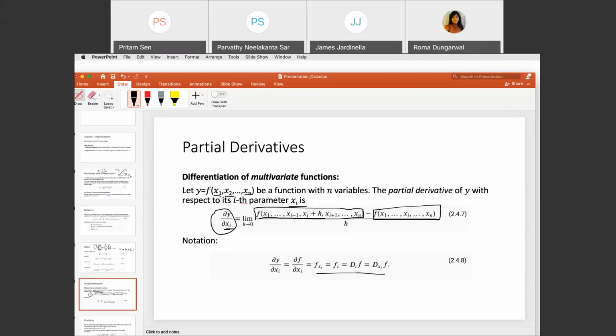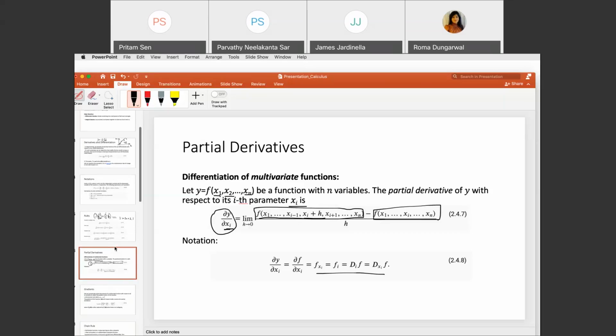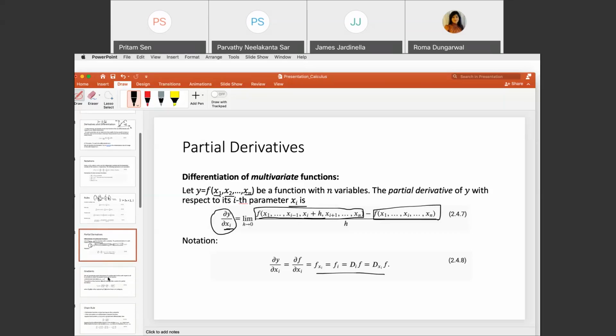That's why many notations are shown here. So this is partial derivatives, and there are many parameters here. So we may want to check the definition for each parameter. For example, we can change this one, and we can calculate partial derivatives for all parameters.